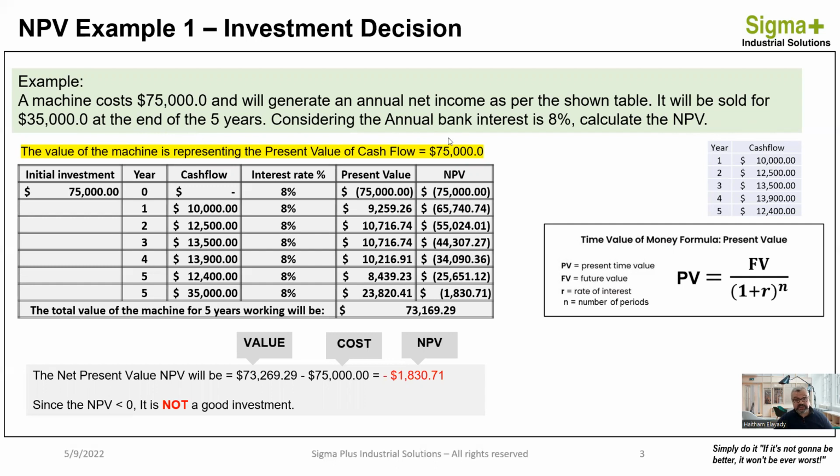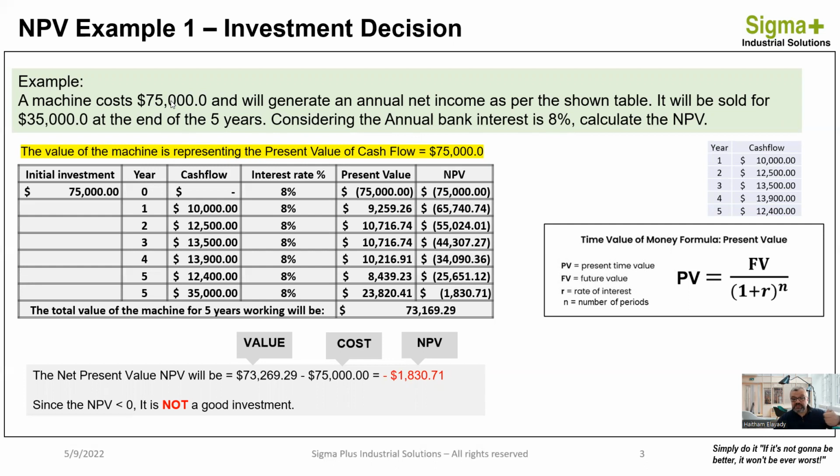Considering that the annual bank interest, also known as the average inflation increase, the interest percentage, is 8%, we need to calculate the NPV, which is known as the net present value. The value of the machine represents the value of the cash flow.